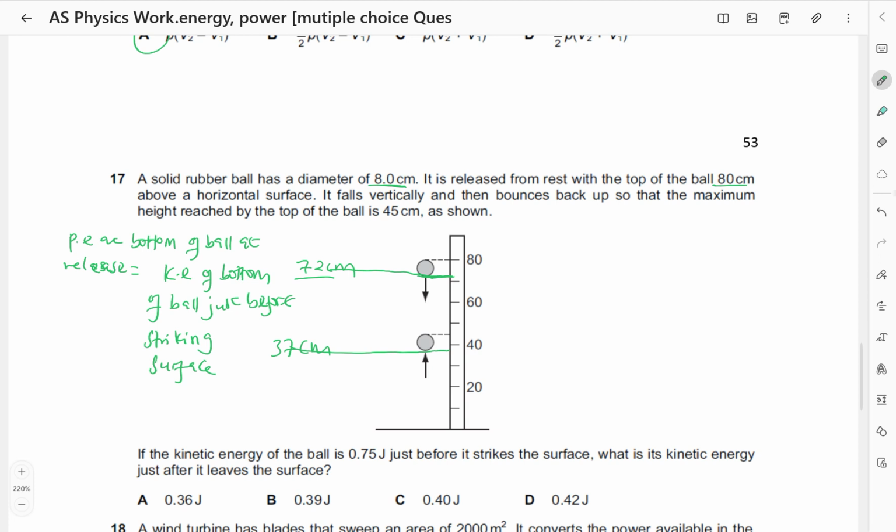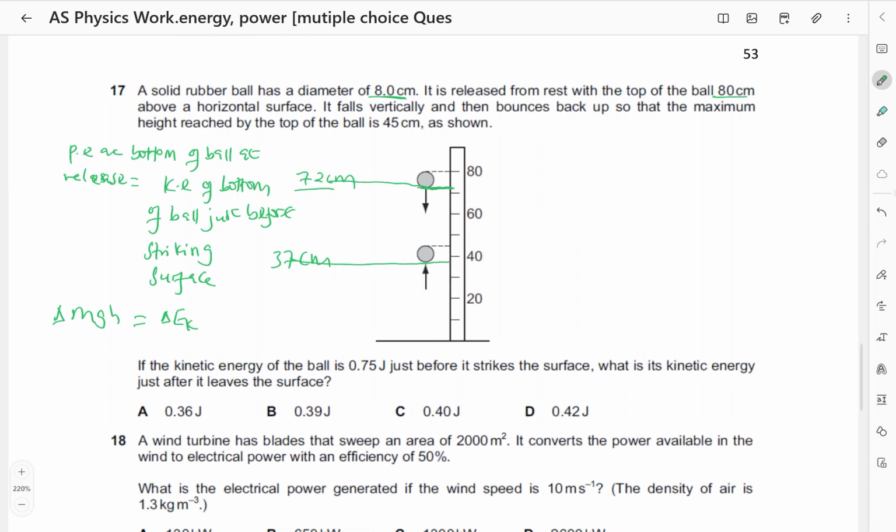That is a simple explanation. So this one I will just use conservation of energy, and I will simply say mgh, so the loss in potential energy is going to be the gain in kinetic energy. Of course, initially kinetic energy will be 0. So what is m? If the kinetic energy of the ball is 0.75 just before it strikes the surface, what is its kinetic energy just after it leaves the surface?